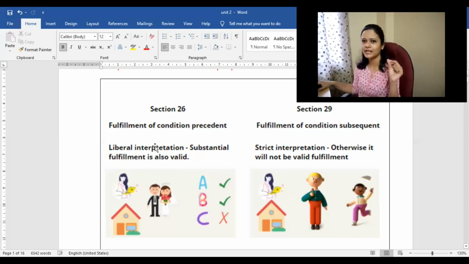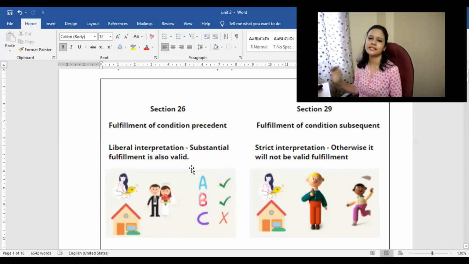We are not following word by word, but we are a little bit liberal. Even if you are writing something, you will get some marks. This person is checking liberally. The same thing happens here, that liberal interpretation is followed in case of condition precedent.